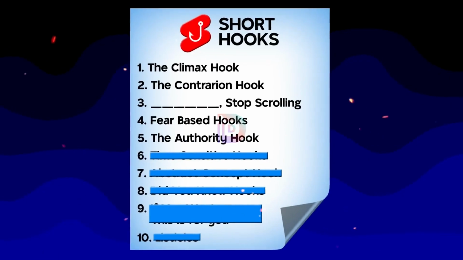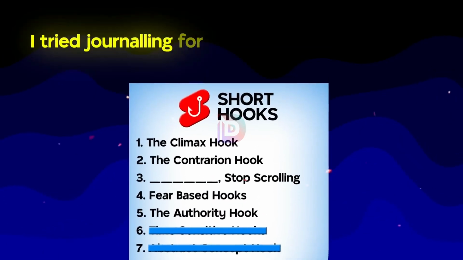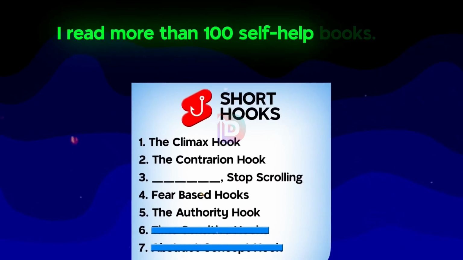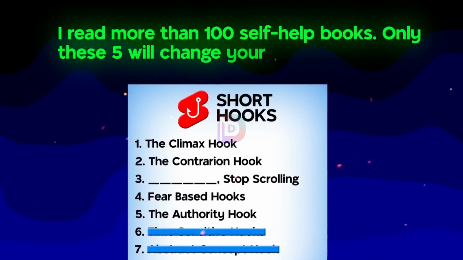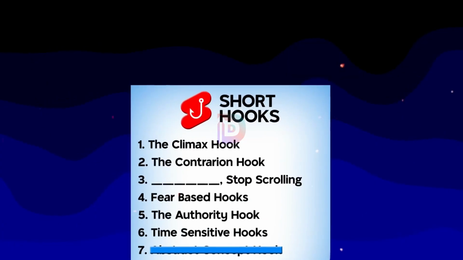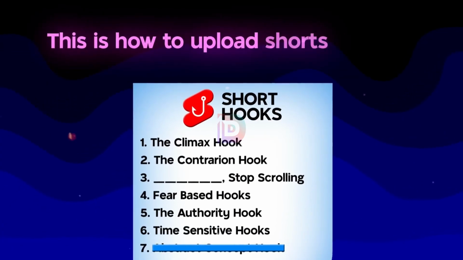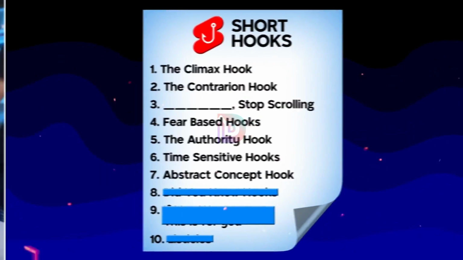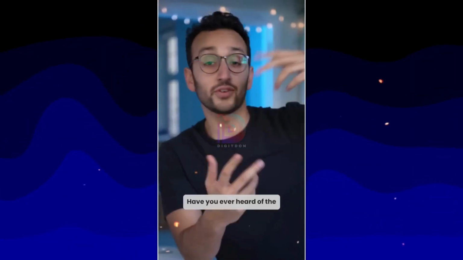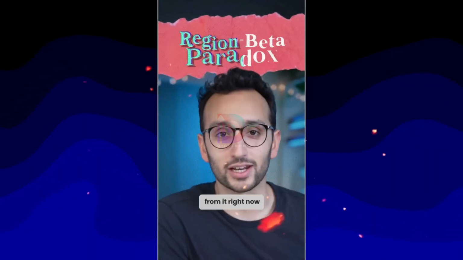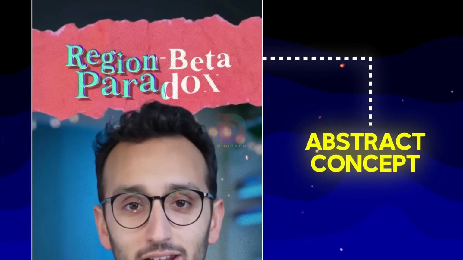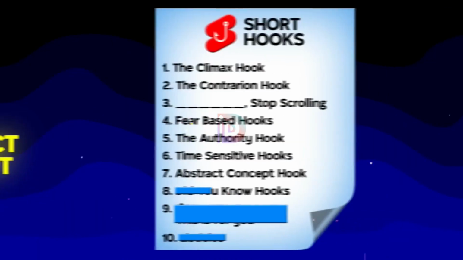Authority hook. I tested this for 30 days. Here's what actually worked. Time-based hook. This is how shorts work in 2026. Abstract concept hook. Introduce something unfamiliar. You might be dealing with this productivity trap right now. Did you know hook?